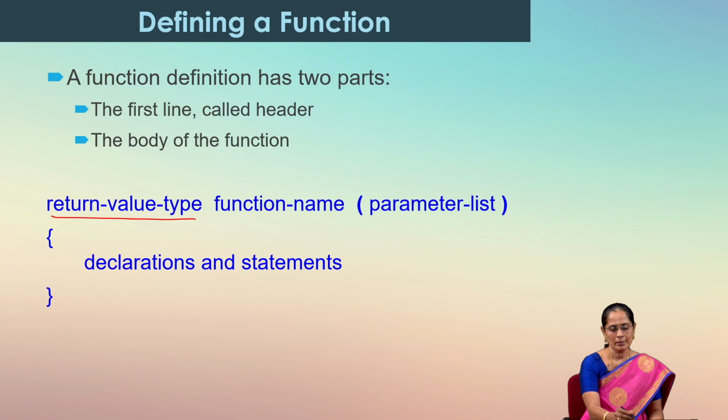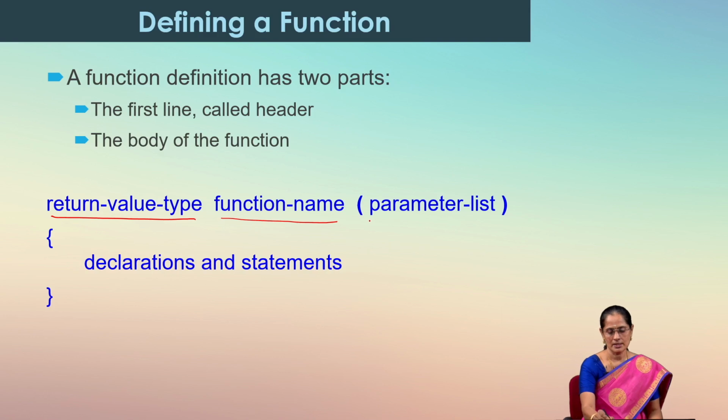The function name can be user defined. So, this function name would be defined following the rules for defining an identifier. We have already learned how to define an identifier in the previous sessions, so it should go with those rules of the definition of identifier.